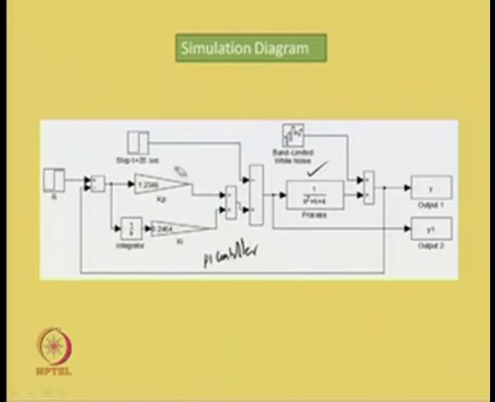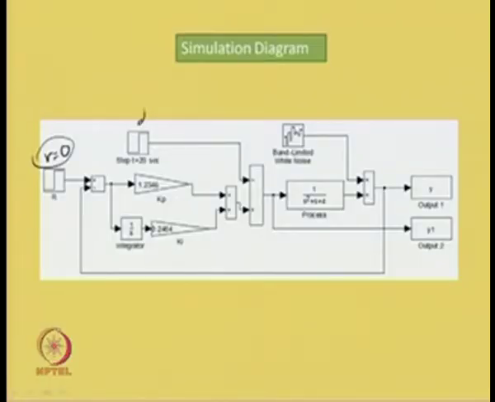What else do we have? To see the impact of load and measurement noise disturbances, let us set R equal to 0. There is no need for any set point input, because we have interest in the disturbance responses. Therefore, let us set the disturbance D of magnitude minus 0.5, which occurs at time t equal to 20 seconds.